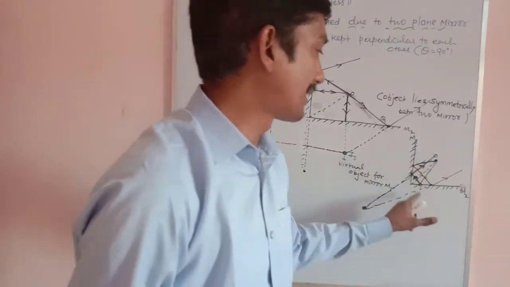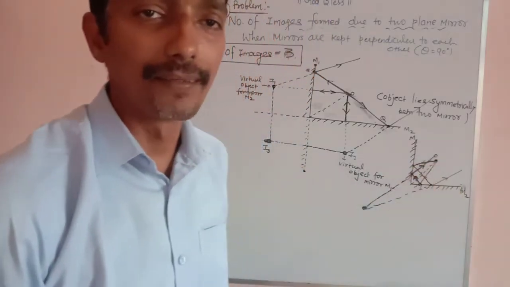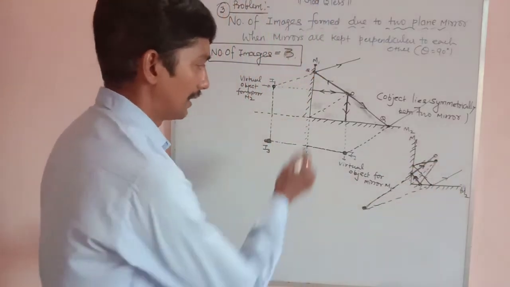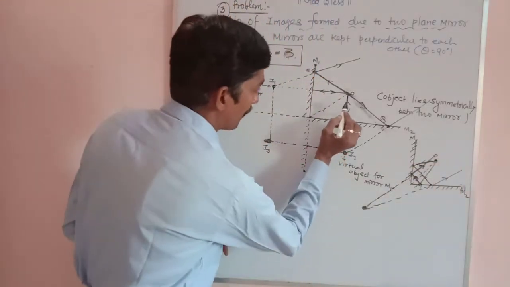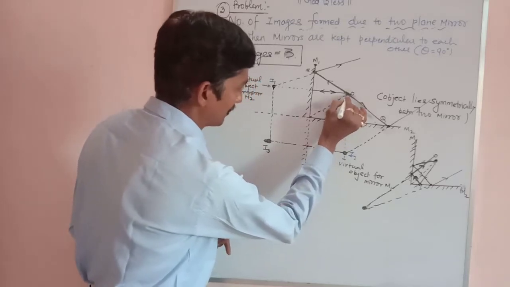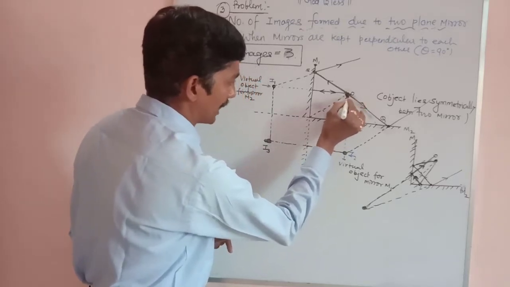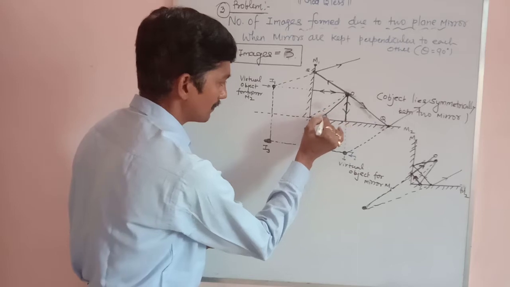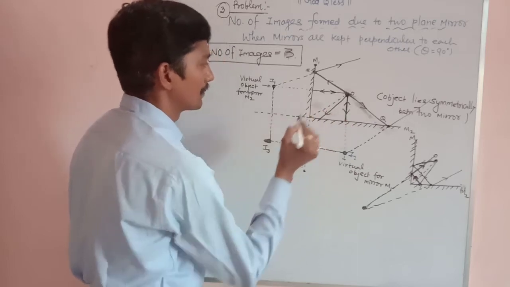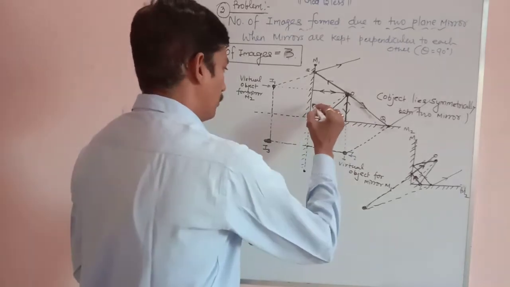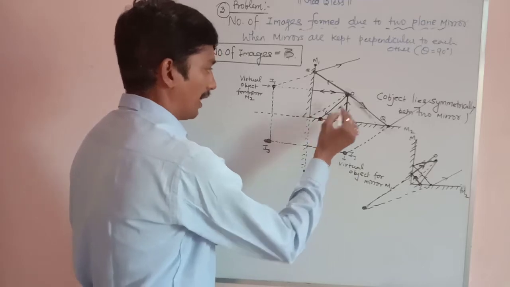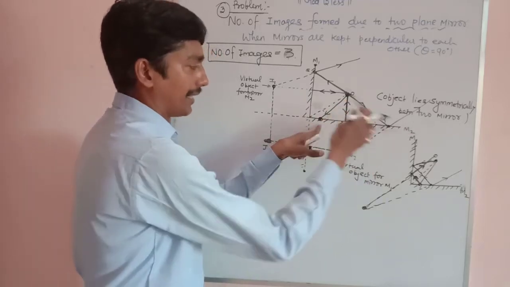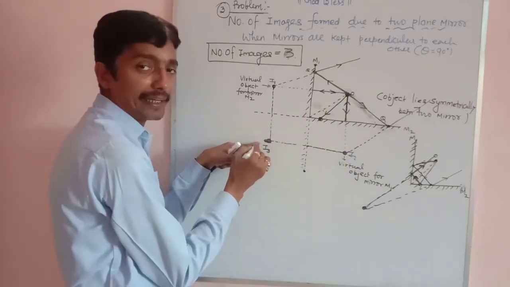So try to understand, this is what I am doing roughly. Let us do the same here. Say one ray is going like this from point object O. It moves, here it is incident on mirror M2. Try to understand how I am getting this image.